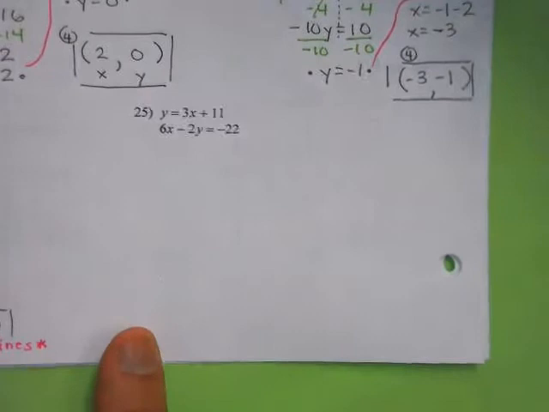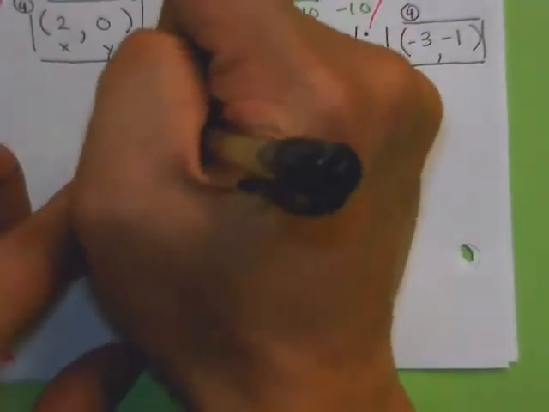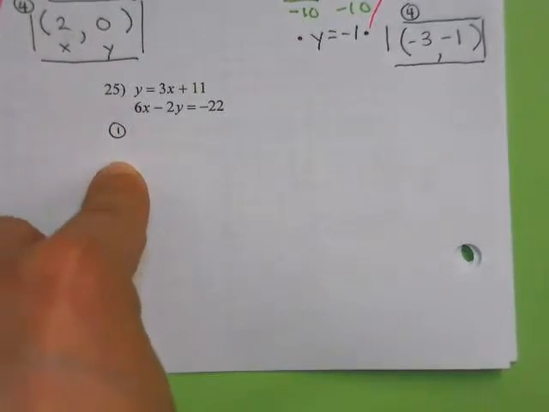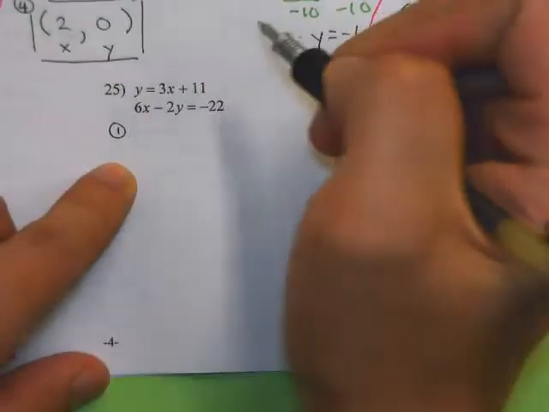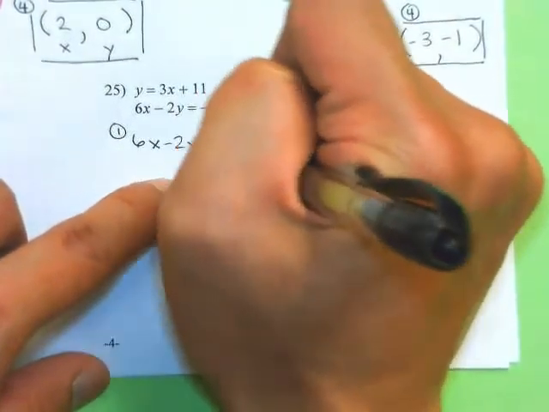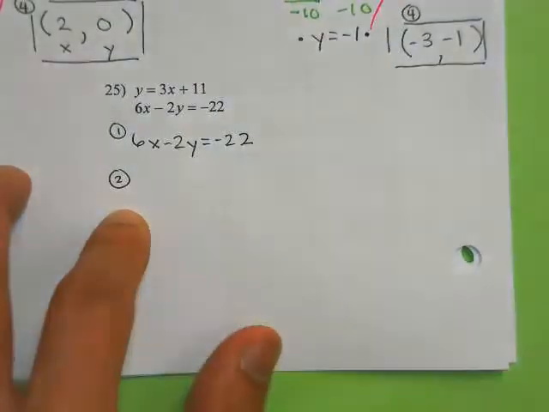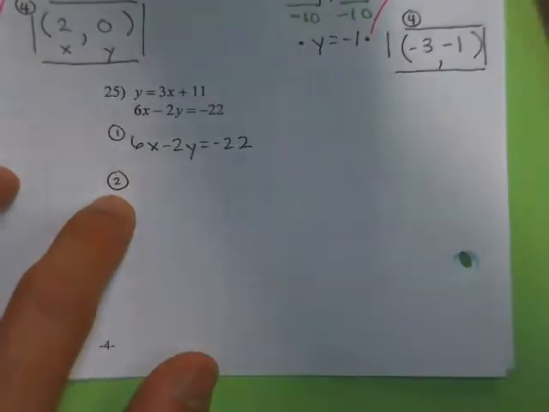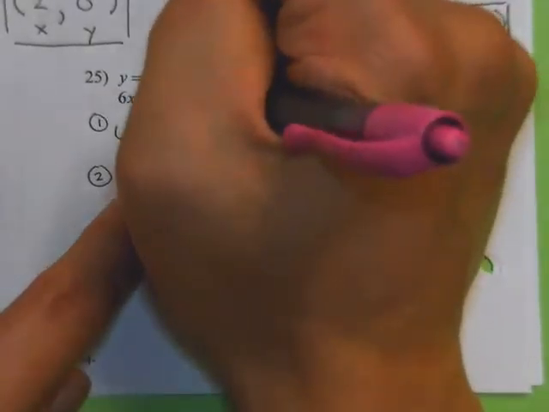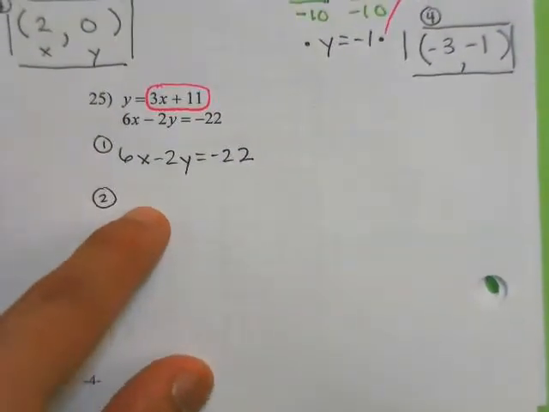Let's do this last one, 25. Which equation shall we choose? Top or bottom? The bottom, 6x minus 2y equals negative 22, because it is in standard form. I see we have an expression y equals 3x plus 11.